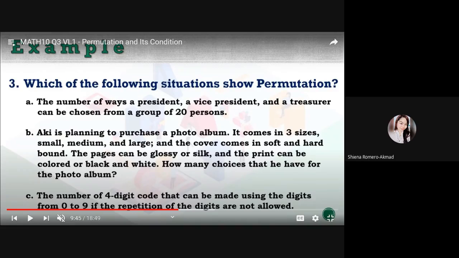Okay. So, you said that because he has choices. Different choices. So, what does permutation mean? When we say permutation, it pertains to an ordered arrangement of items. Not ordered pair. Ordered arrangement of items.